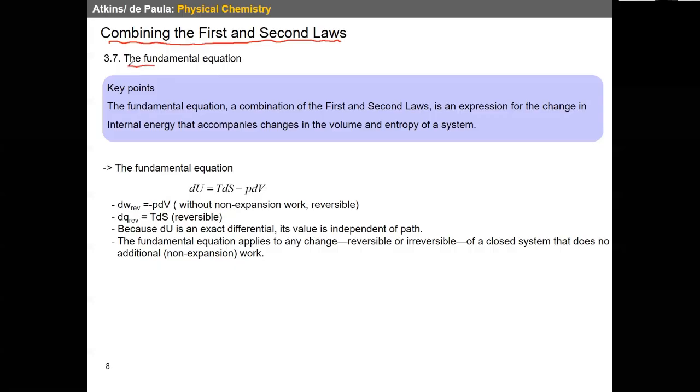The fundamental equation, which is the combination of the first and second law, is an expression for the change in internal energy that accompanies a change in the volume and entropy of a system.